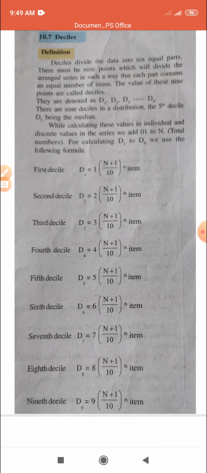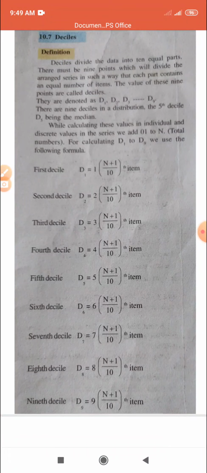Third decile D3 is 3 into (n plus 1) upon 10th item, up to the 9th decile in case of individual and discrete series.